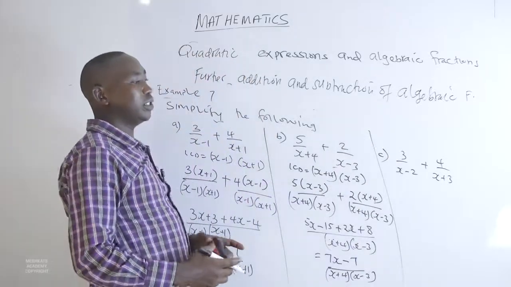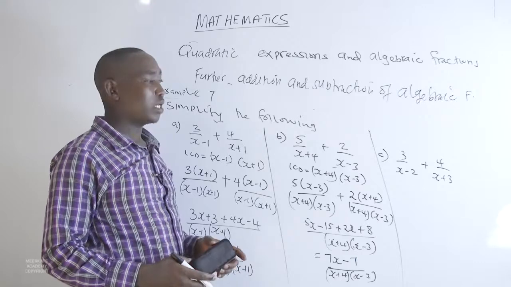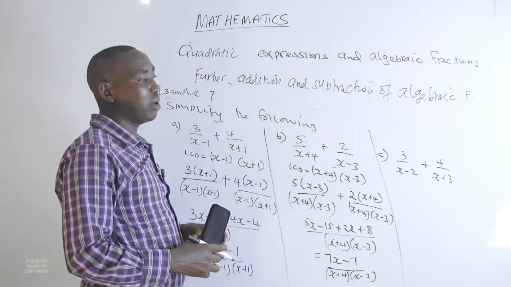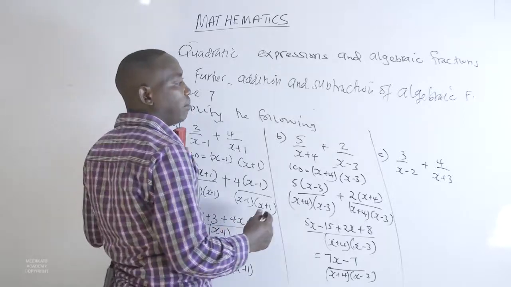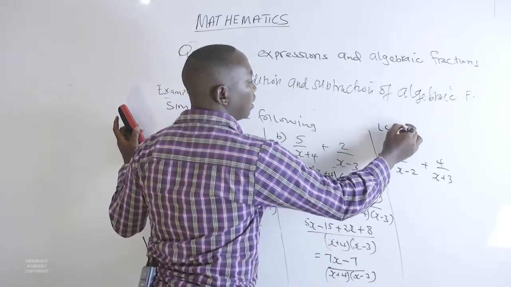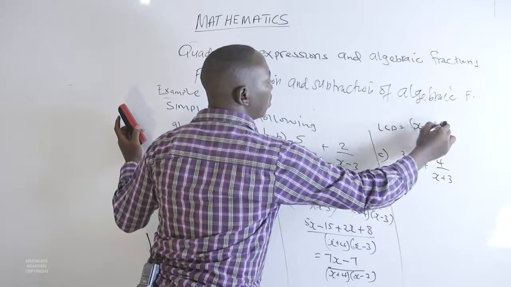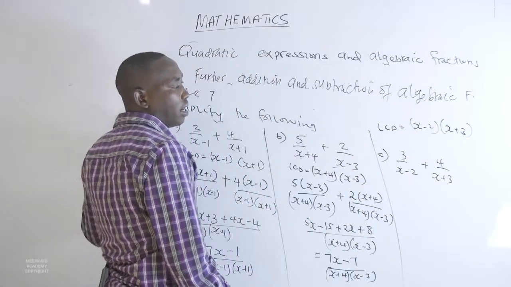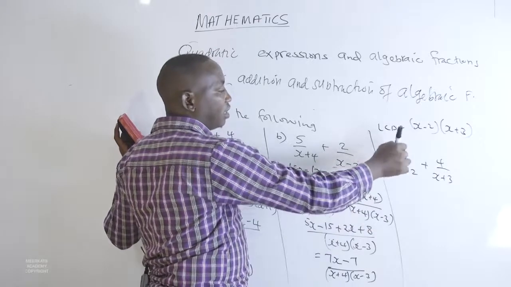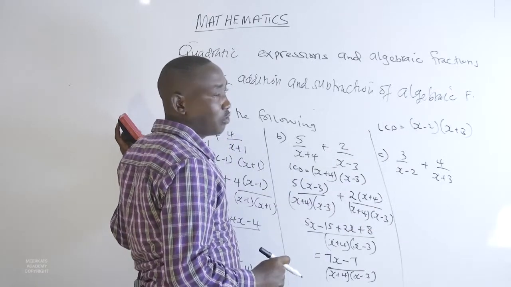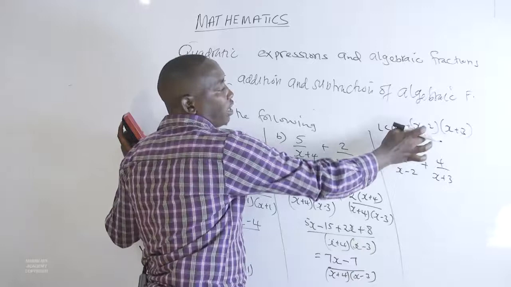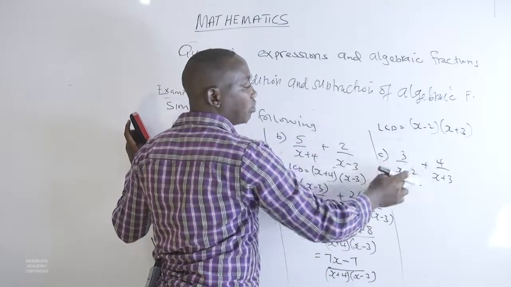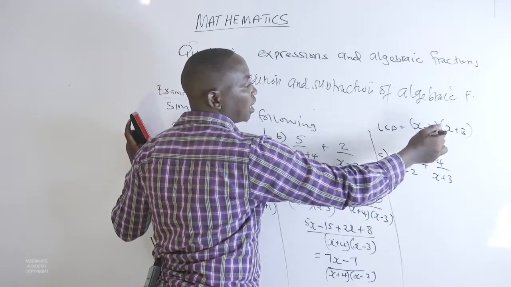Lastly, but not the least, we have 3 all over x minus 2 added to 4 all over x plus 3. Now the LCD in this case is going to be x minus 2 multiplied by x plus 3. Now we seek to write these fractions as equivalent fractions consisting of this new denominator. x minus 2 goes into x minus 2, x plus 3.